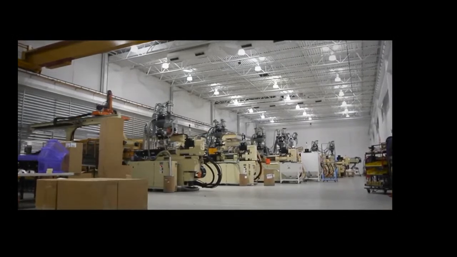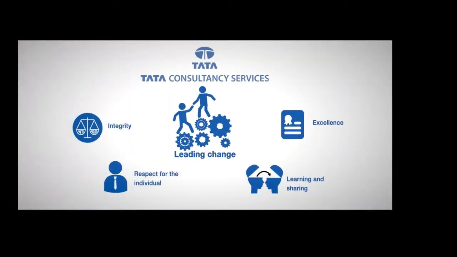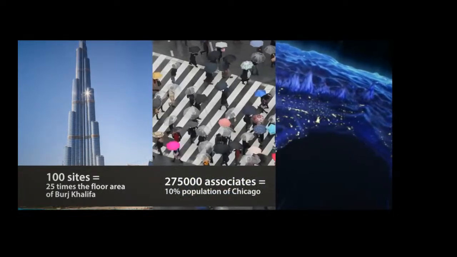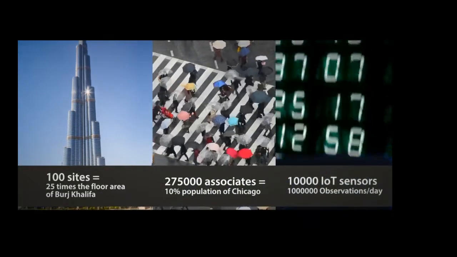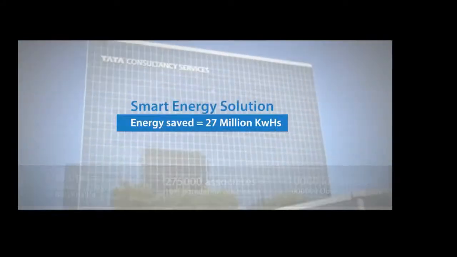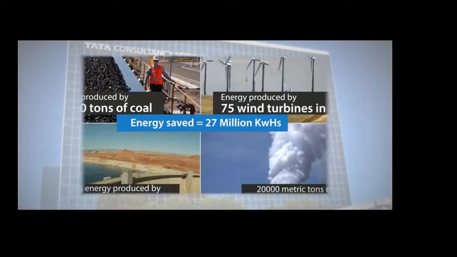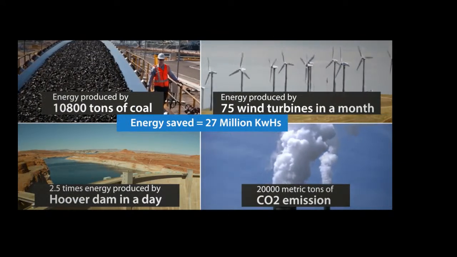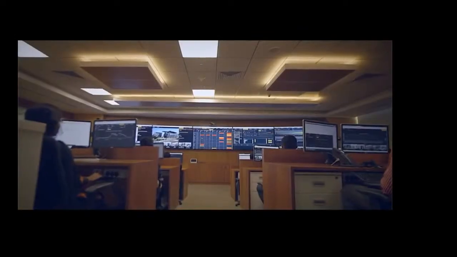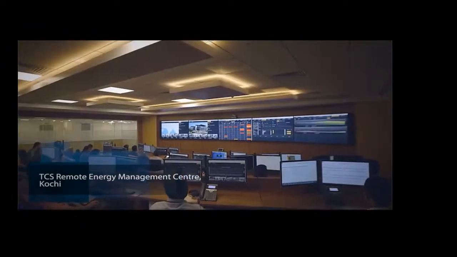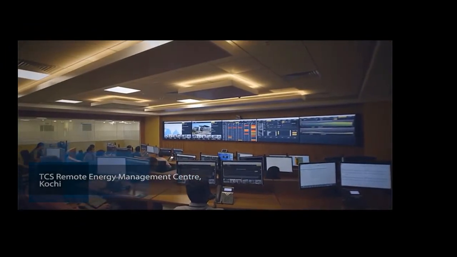Tata Consultancy Services has already set an example in the industry, with more than 100 different sites spread across the entire geography of India, some of them more than 40 years old, 10,000 plus IoT sensors, and more than 1 million observations a day. The TCS Smart Energy Solution has helped TCS realize 10% savings in its energy use in the first 11 months of its deployment. And this entire setup is being monitored, managed and controlled centrally from the Remote Energy Management Center in TCS Kochi.